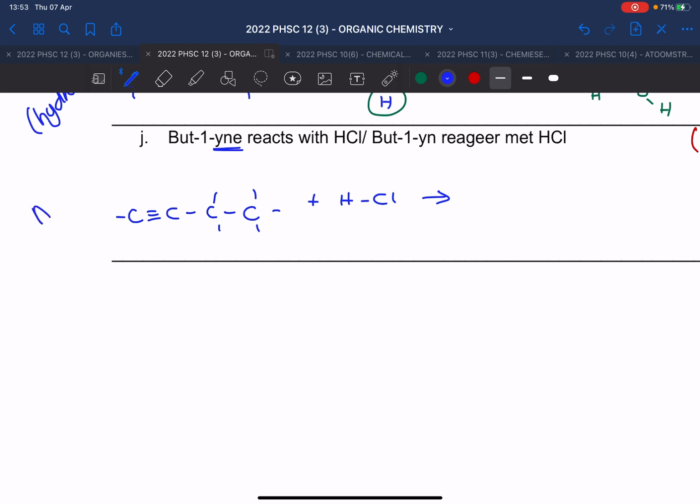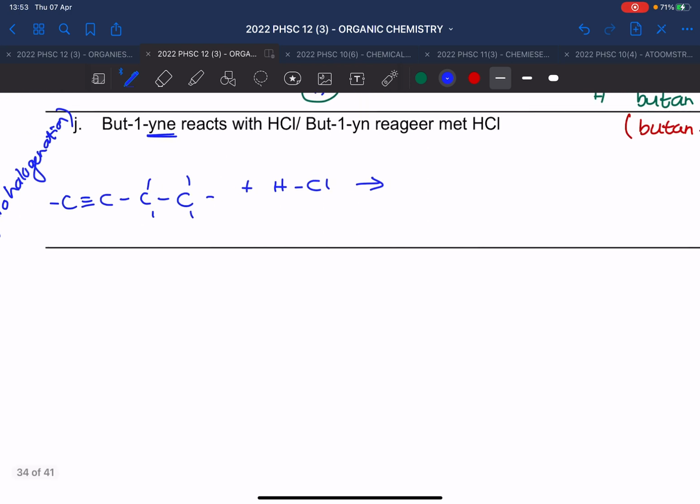What type of addition reaction? Hydro... halogenation. Okay, and there's no extra energy because it's an addition reaction, so it wants to take place spontaneously.